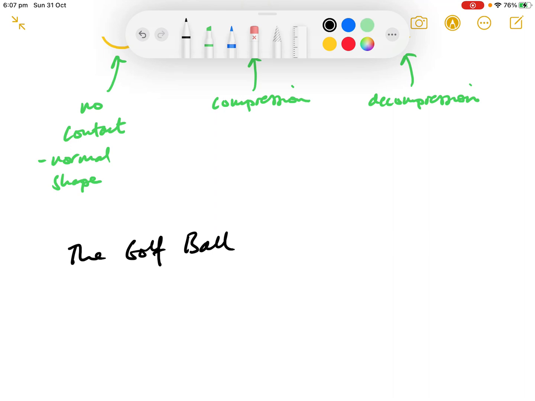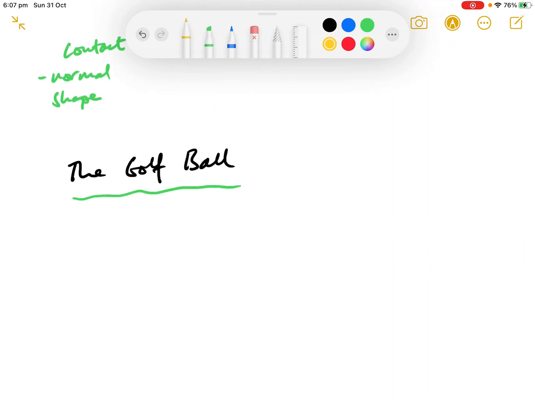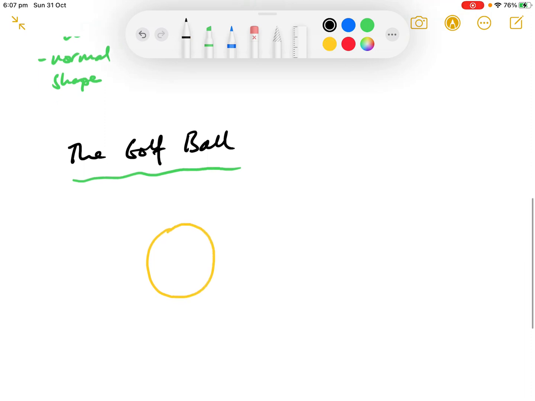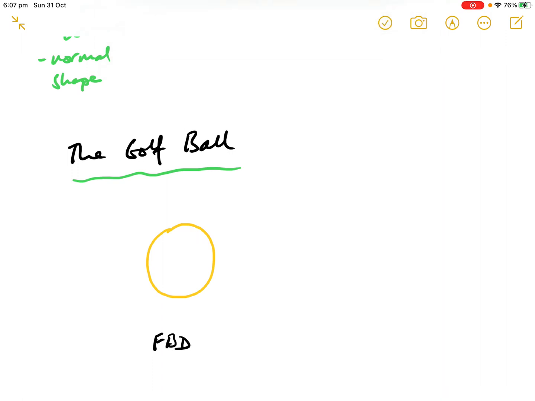So the body of interest here is the golf ball. Well, let's draw a free body diagram. If you were the golf ball, what would you feel? You would simply feel a force acting on you.